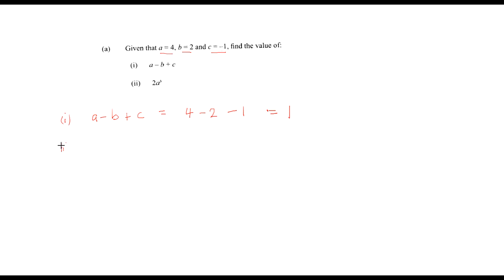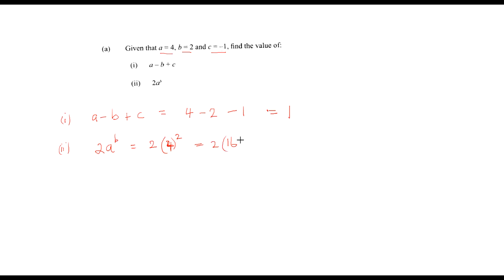For part 2, we have 2 multiplied by A to the power B. So that is 2. What is B? B is 2, and A is 4, and B is 2. So 4 squared is 16.